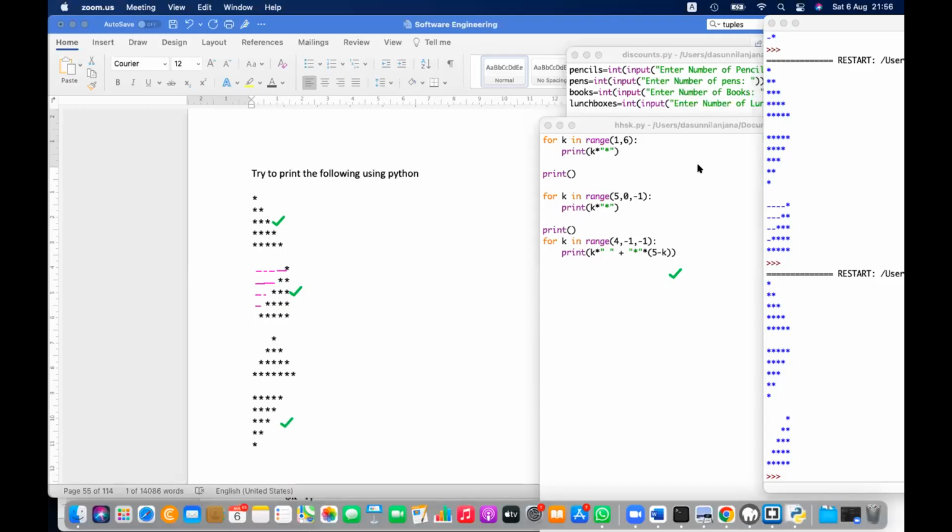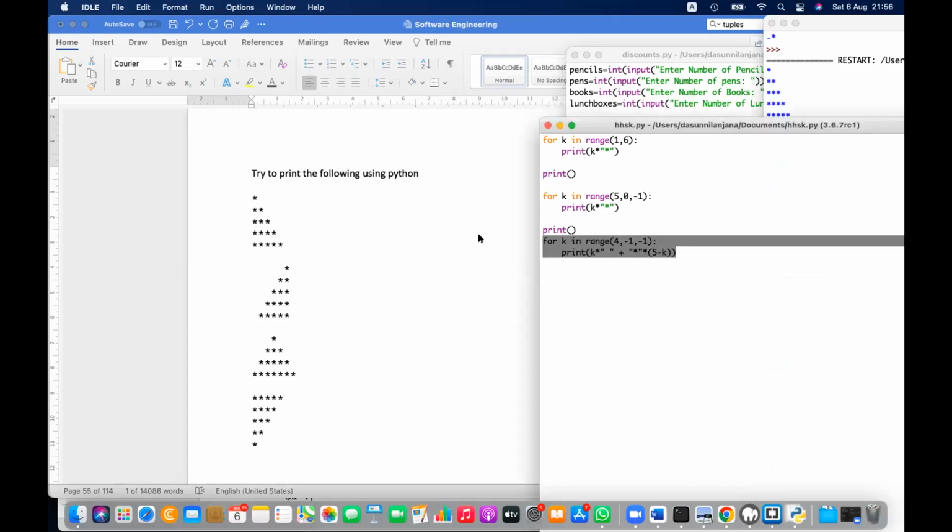Don't think about the asterisks. Just think about the odd numbers. How have you generated those odd numbers? You can start from 1, then go up to, what is the last number? 1, 3... This is 7, right? You can go up to 8. Then how should you increment?